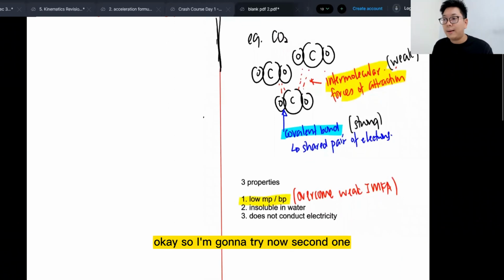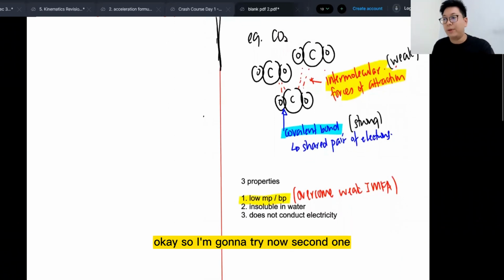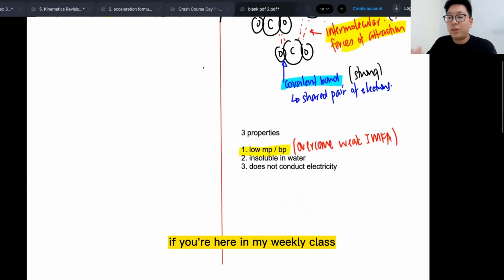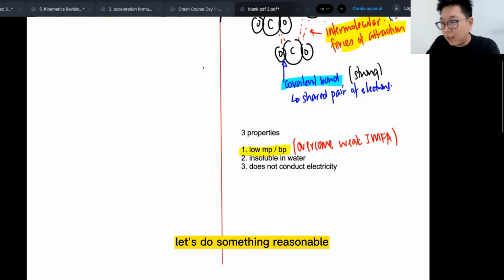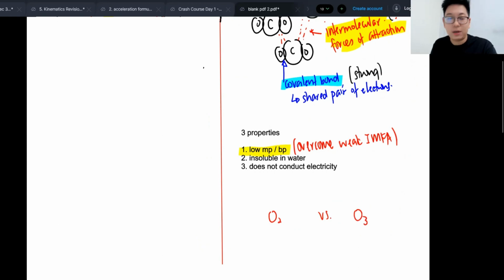So I'm going to try now. Second one. Same thing, if you're here in my weekly class, you should be able to answer this. My next question here is this. Let's do something reasonable. Oxygen versus ozone. We did ozone last week.